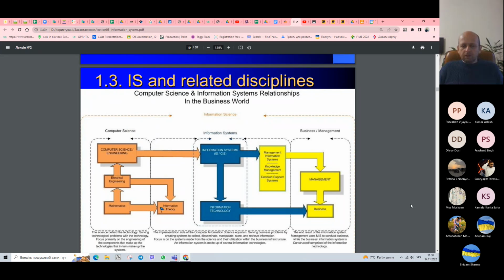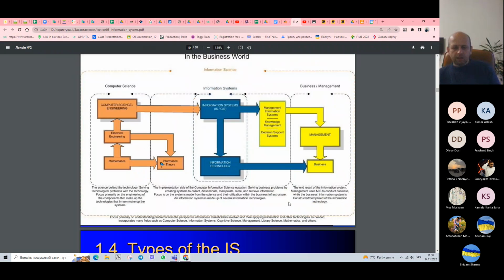Yes, and information technology should include understanding of information systems. After that, management information system, knowledge management, and decision support system. And after that, management and business should interact and provide the activity.